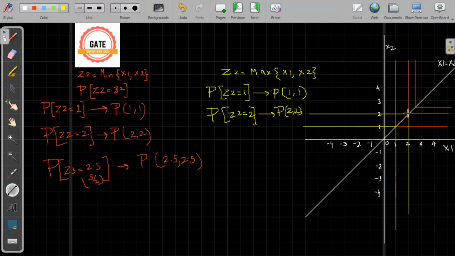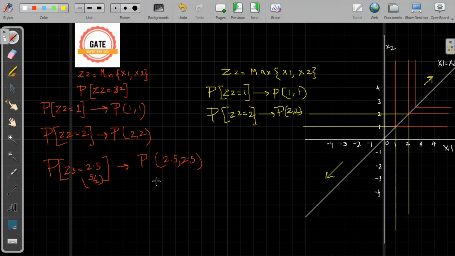We will simply add up all the joint probabilities lying on this boundary, and that will give us the probability that Z is equal to 2 for the maximum case. So for the maximum case, we draw the boundary such that its mouth is open in this direction, whereas for the minimum case, we draw the boundaries such that its mouth is open in this direction. So this is how we draw the boundaries for the maximum and minimum cases.